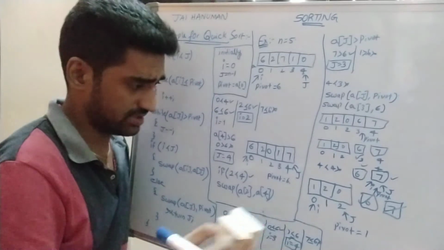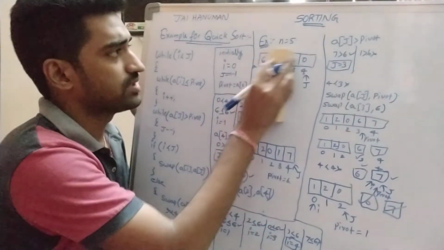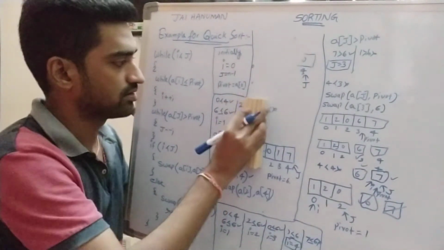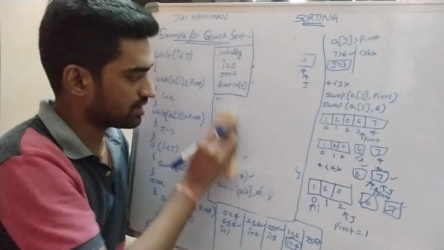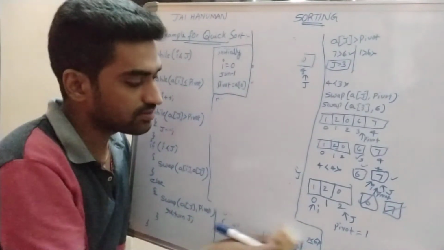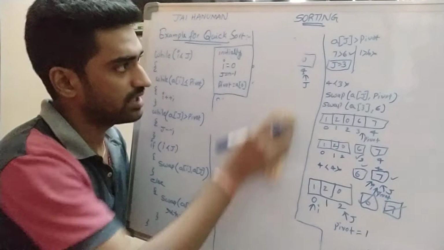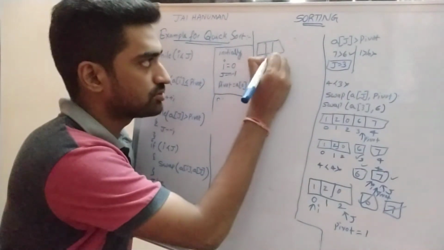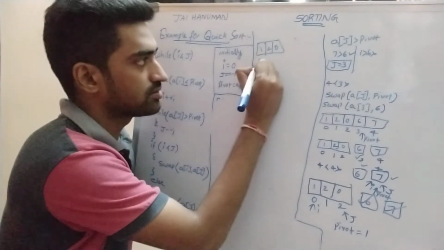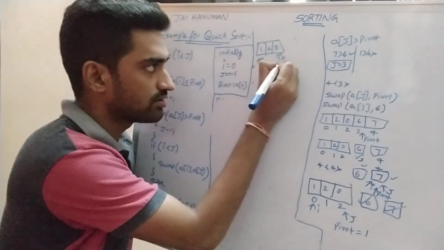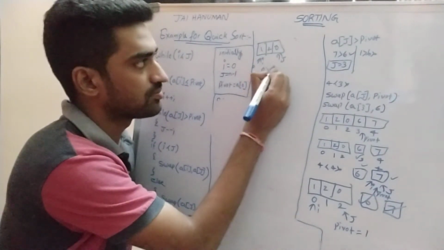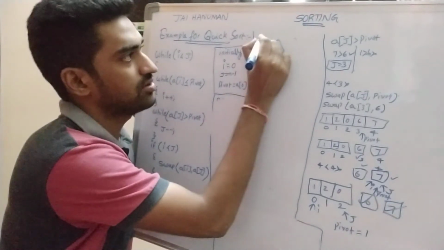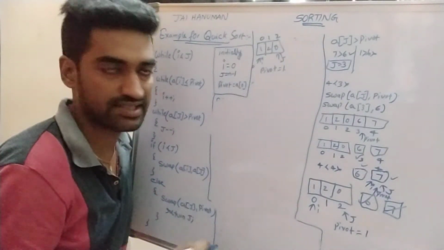So here we are checking the conditions for the left subarray, 1, 2, 0. This is I, this is j, and the pivot is 1. The indexes are 0, 1, 2.